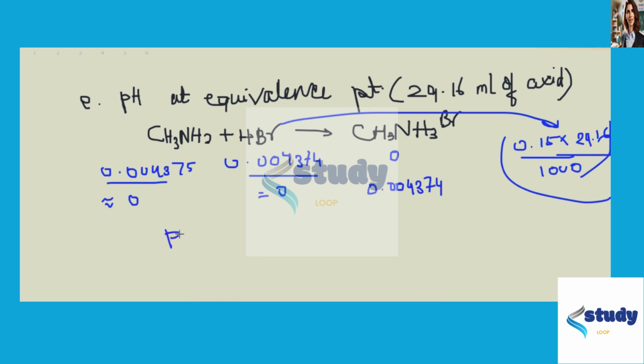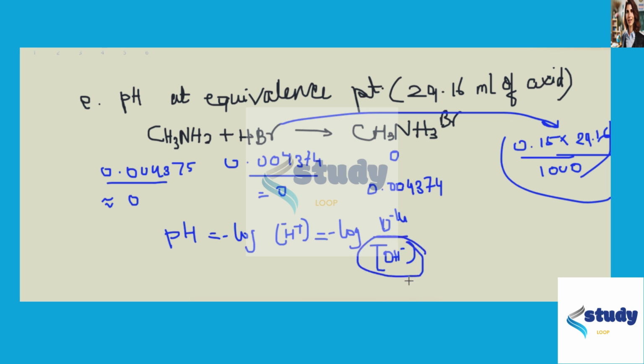If I were to use my pH trick and I wanted to enter the molarity of OH minus ions here, this would absolutely not make any sense anymore.